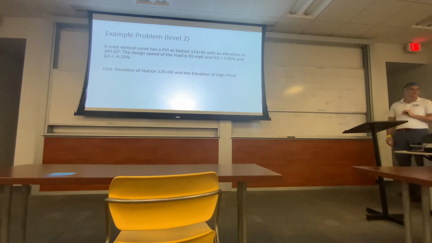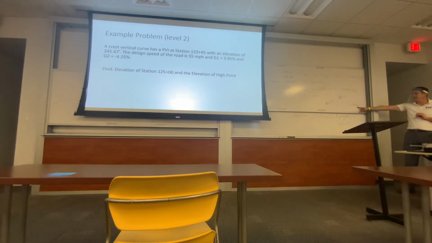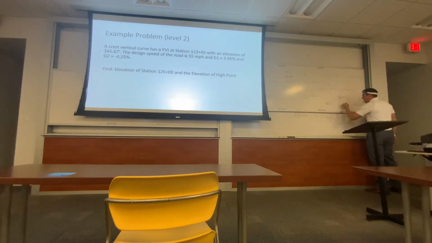Does that make sense? No. PVI is above the road. But PVT has to be underneath PVI, or at least equal to it. So what went wrong? Your PVT is incorrect.